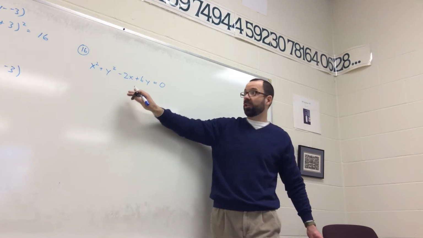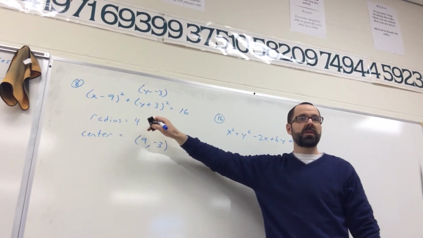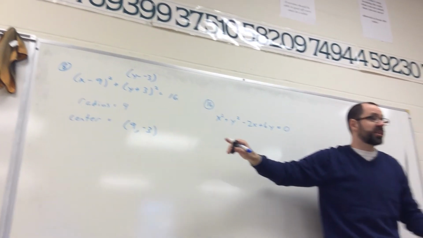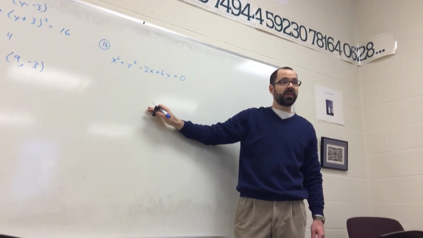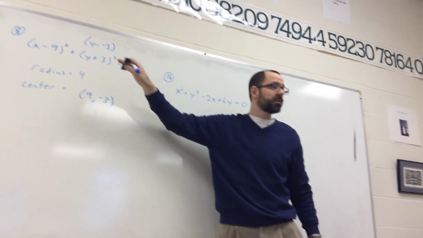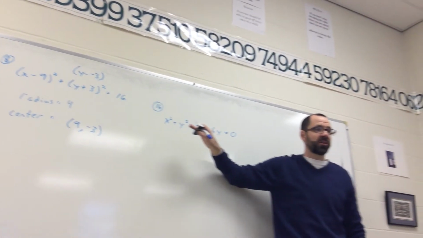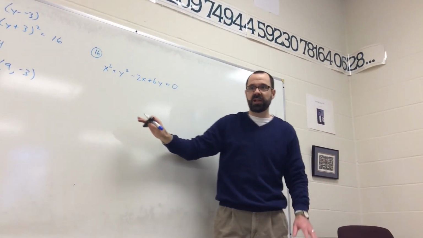It doesn't look like this at all. So, in order to convince you that it's a circle, I'm going to do a bunch of crazy algebra, and I'm going to make this look like this. It's a lot of fun. Are you ready? Yeah, it seems like you're really happy about this.